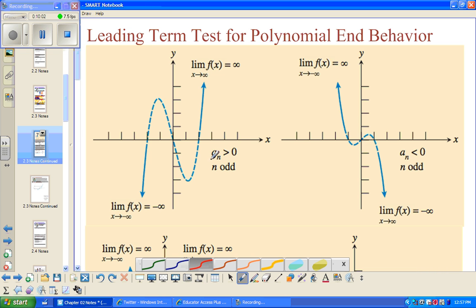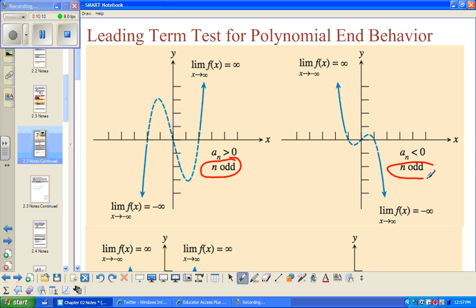So I'm going to talk about an odd degree polynomial first. Now, for an odd degree polynomial, what's your basic function you might think of? x cubed.